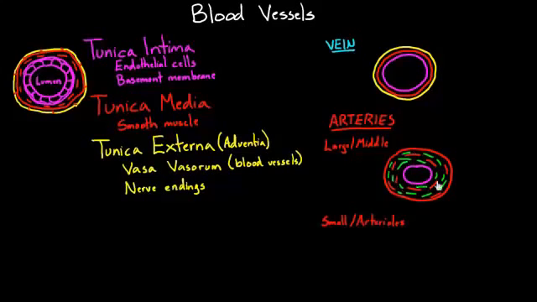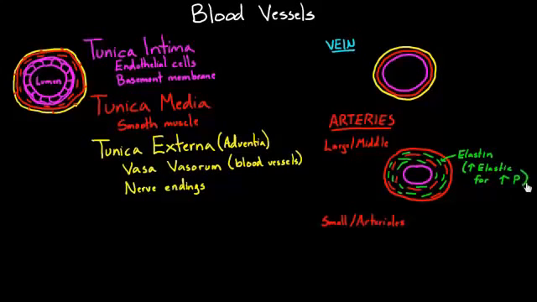Right? Because they're going to have such high pressures that they have to be able to not break when these pressures are going through. So this elastin, this green elastin protein, helps make the arteries more elastic. More elastic for high pressures.